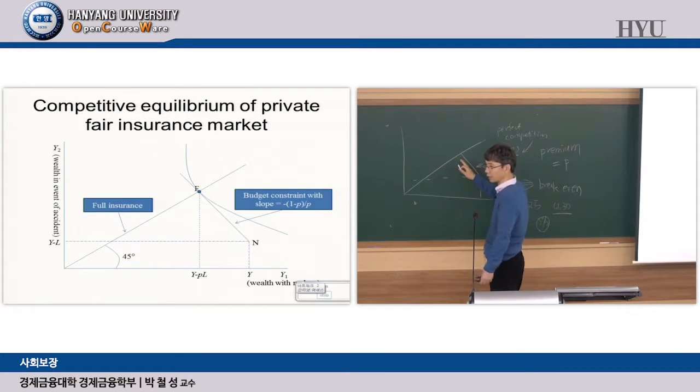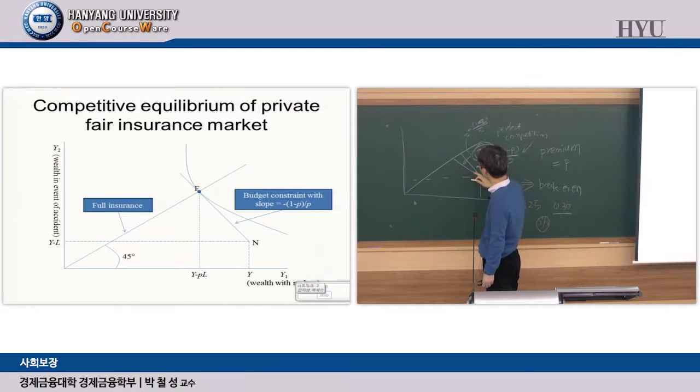If that's the case, this line is actually flatter. Let's say this is the slope with 1 minus pi, then pi is greater than p.